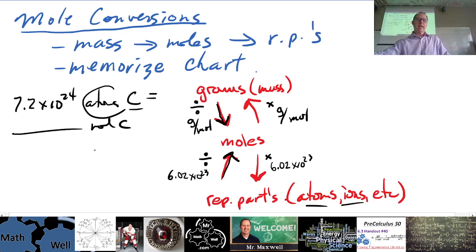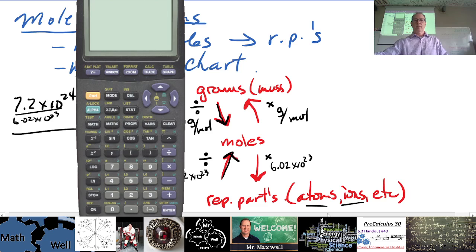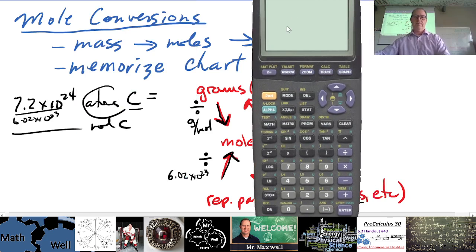In this case, again, we would divide by Avogadro's number. Make sure you use the times 10 to the power scientific notation button.